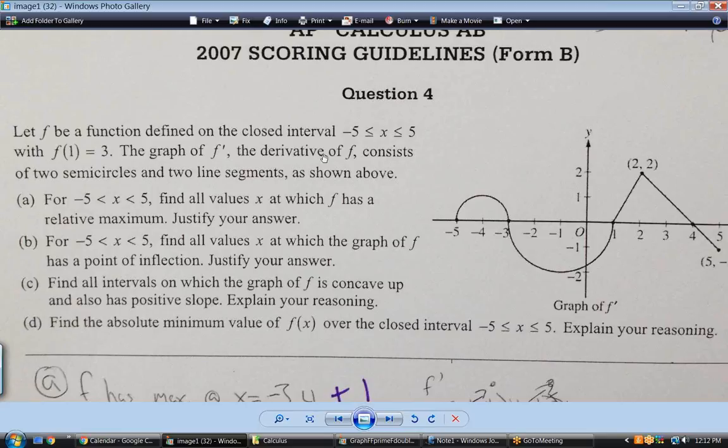Okay, I'm comfortable with the answer that's -4, -1, and 2. Remember that points of inflection come when concavity changes.